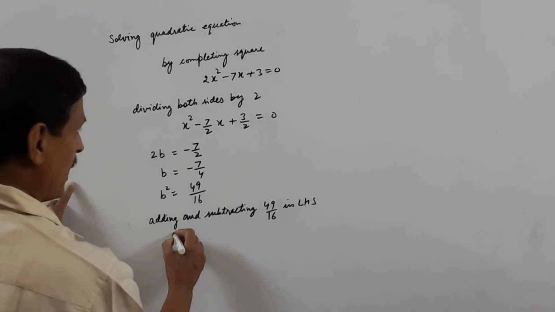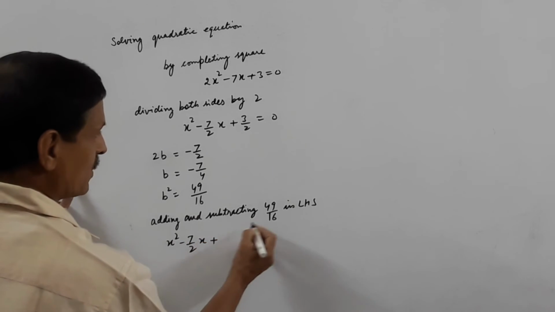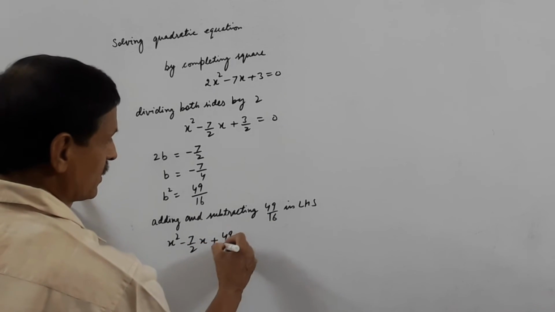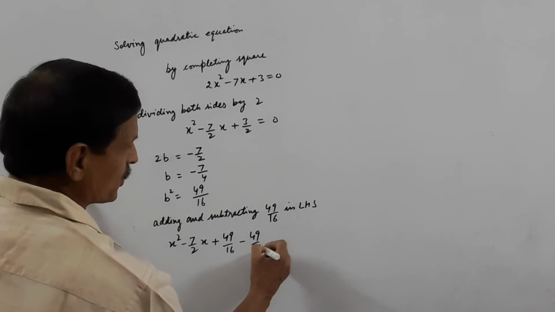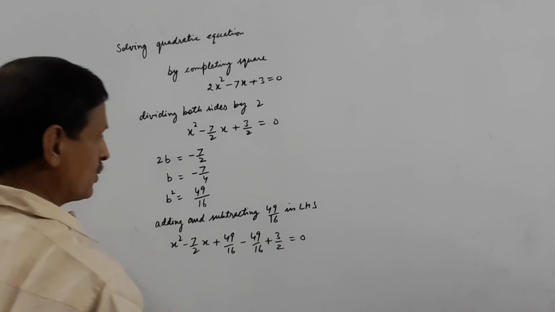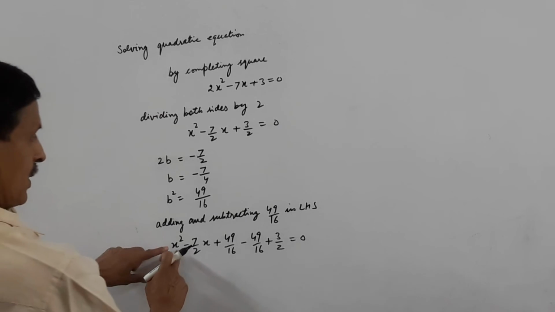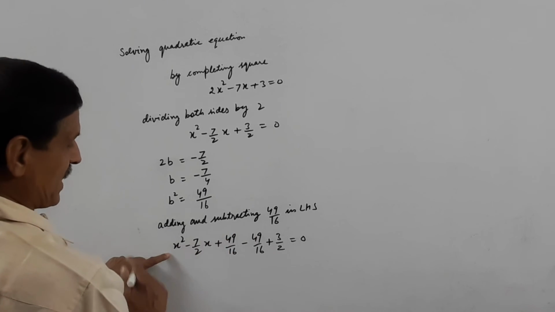we get x square minus 7 by 2x plus 49 upon 16 minus 49 upon 16 plus 3 by 2 is equal to 0. Now x square minus 7 by 2x plus 49 upon 16 is a perfect square.